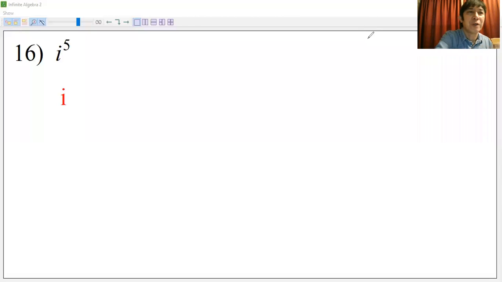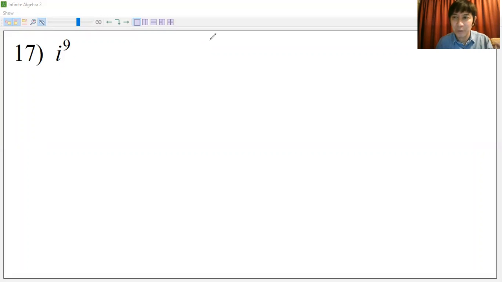Let's have number 17. We have here i to the 9. The ninth will belong to the first. You can enumerate the table and you will find out.